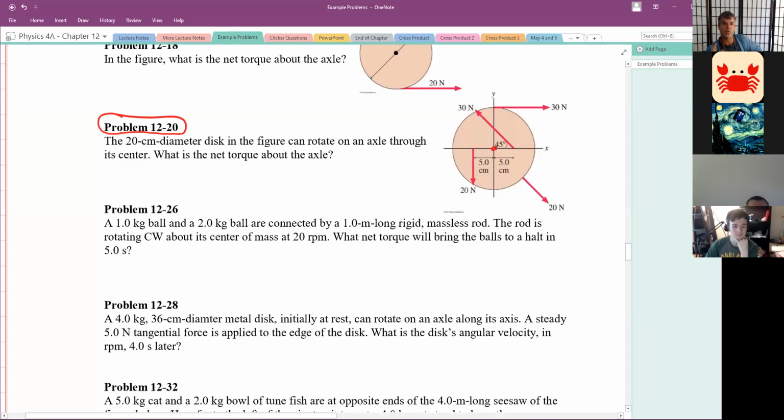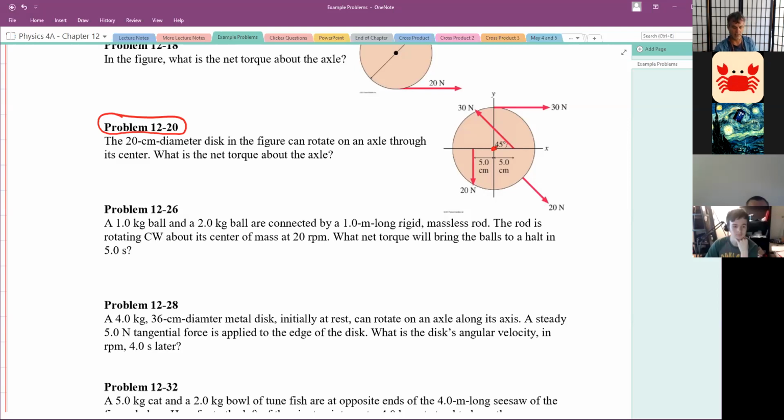I've got 4 different forces. For each force, I first want to think about whether this force would cause the object to rotate counterclockwise or clockwise if that was the only force. If that force would cause the object to rotate counterclockwise, that is a positive torque. If a force would cause an object to rotate clockwise, that would be a negative torque.